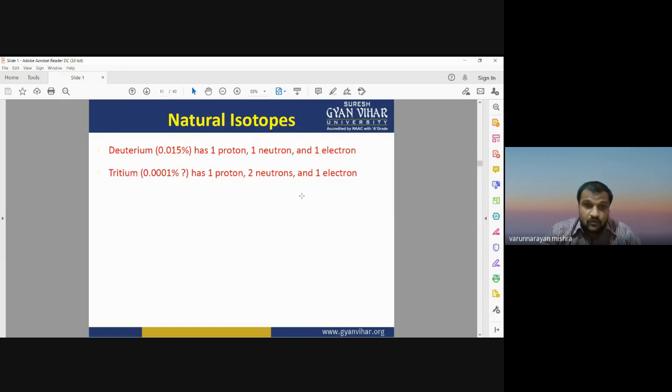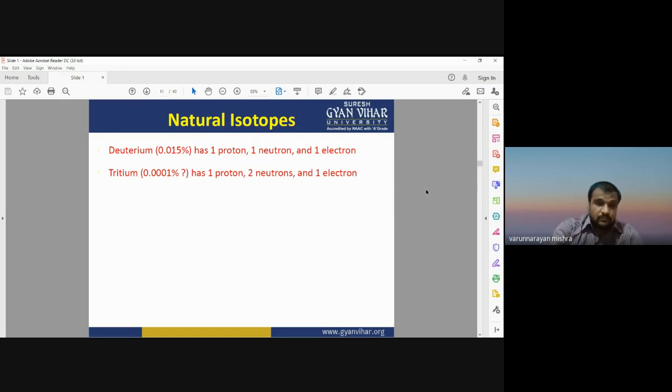Tritium has 1 proton, 2 neutrons and 1 electron. Its total mass is 1 proton plus 2 neutrons, which equals 3. The total mass is the addition of the number of protons and the number of neutrons, and it has only 1 electron. This is how we get to know the atomic number and total atomic mass of an element.